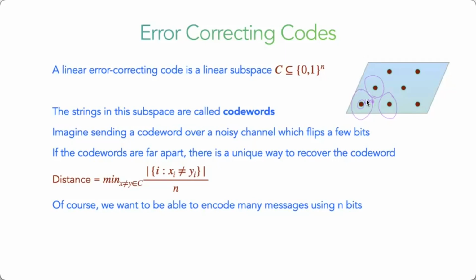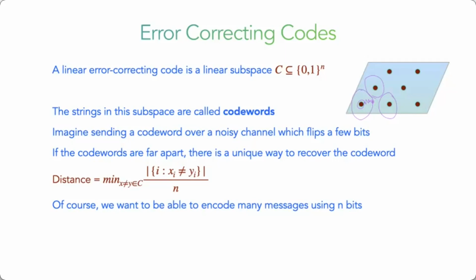Now, this is simpler than it really is, because how would you actually implement this? This is non-trivial at all. This ball consists of an exponential number of strings, and you can just search over all the strings until you find the code word. That's fine, but that's not very efficient. And it's a challenge to do it in an efficient way.